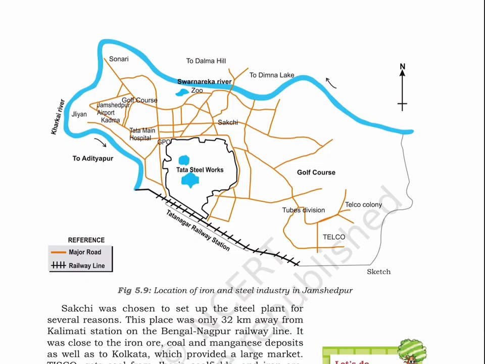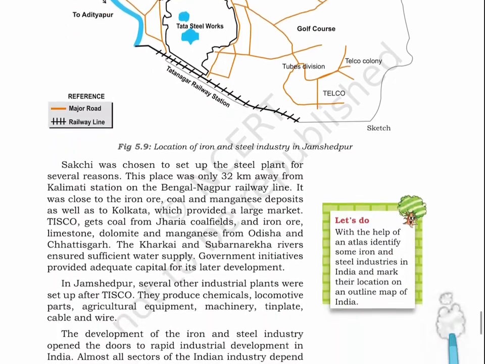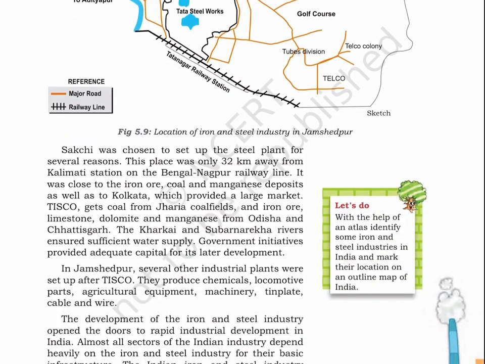There is a key given here to read the map as reference, which highlights how the major roads and the railway line are shown. The different areas mentioned in the map are Tata Steel Works, Tube Division, Golf Course, Telco, etc.